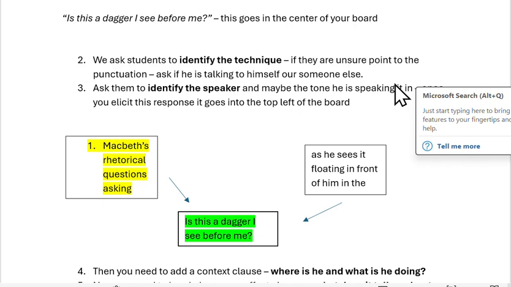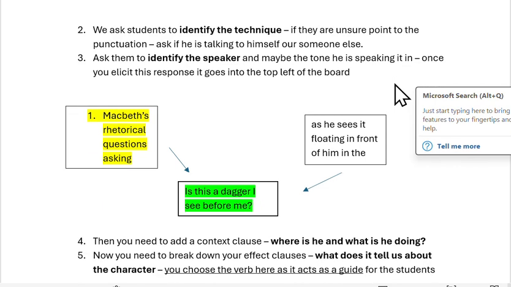And we need a contextual clause here. And this is where a lot of students fail to embed smoothly their textual example within the sentence. And what's good about a contextual clause, it enables you to embed the textual example smoothly within your sentence. So what's he doing when he says this? Or what's he seen? So the contextual clause goes top right. So textual example goes in the middle. I always go technique top left.